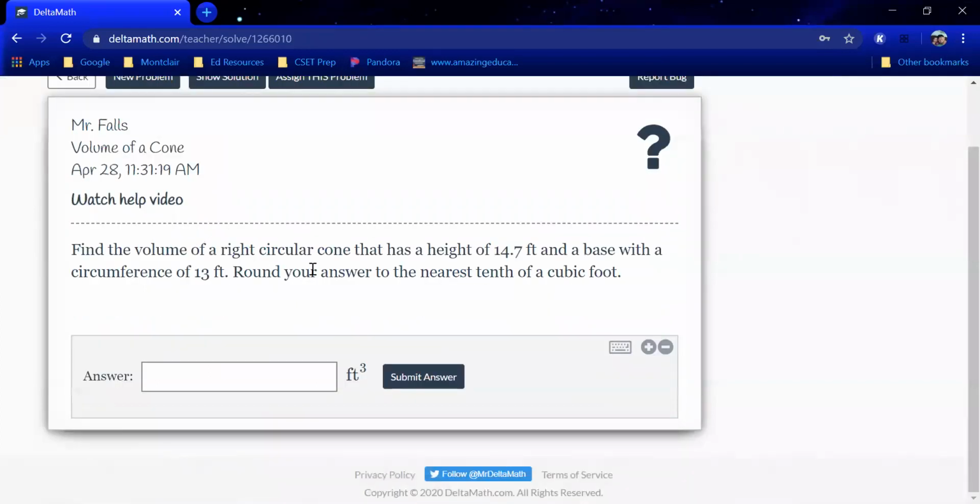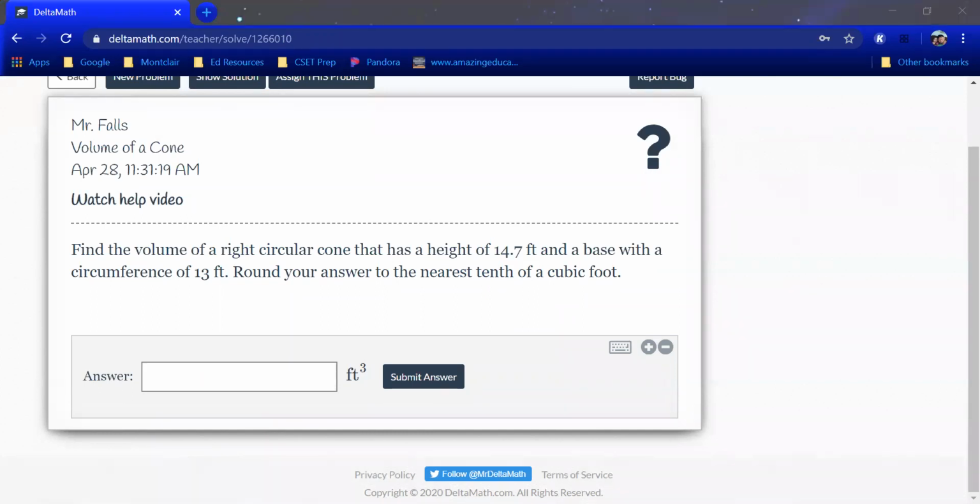It says find the volume of a right circular cone that has a height of 14.7 and a base with a circumference of 13. Okay, so 14.7 and 13. So I have a cone. Right circular just means that when it comes down to the height, it forms a right angle.